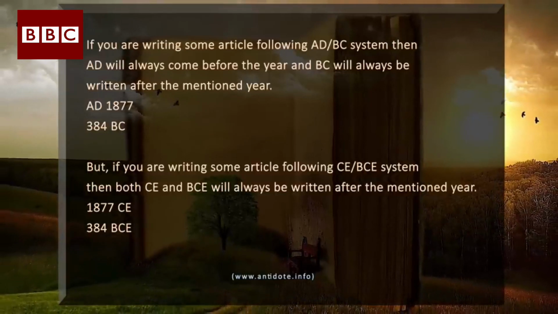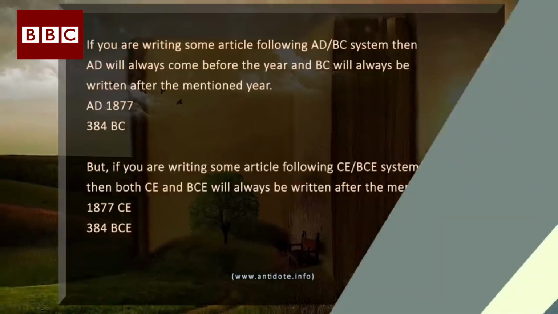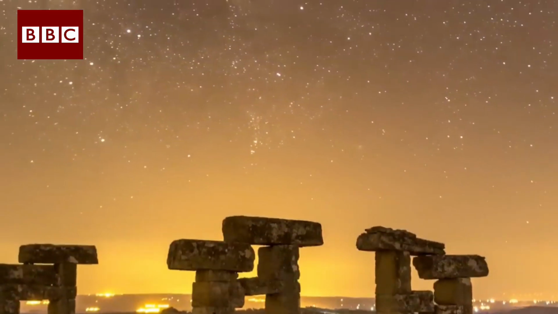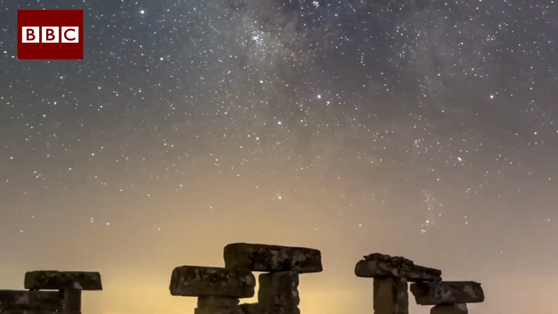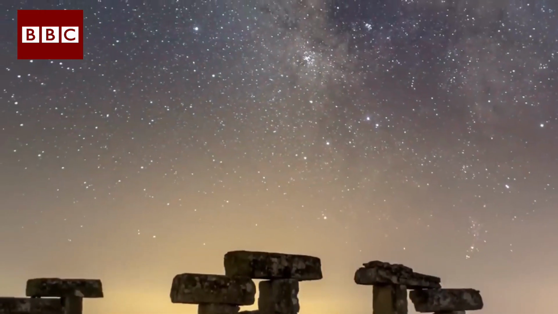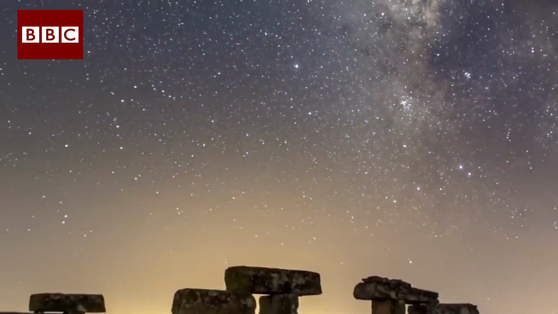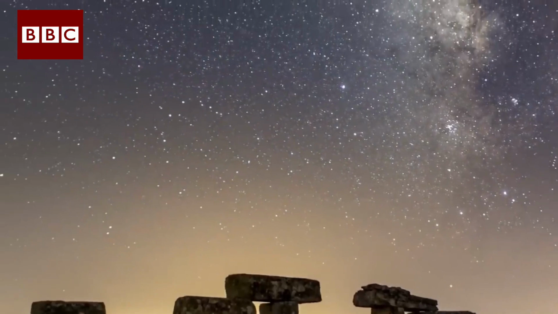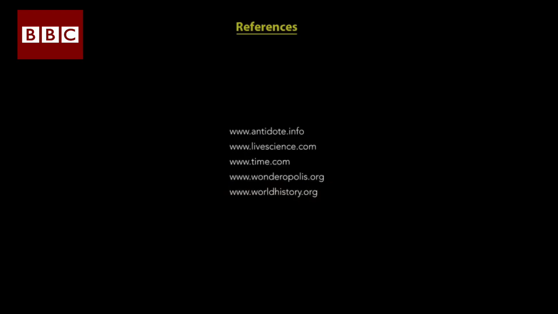For example, the famous Greek philosopher Aristotle was born in 384 BC. Similarly, in the CE and BCE system, both CE and BCE will be written after the specified year of any event. If we look at the previous examples, Allama Iqbal was born in 1877 CE and Aristotle was born in 384 BCE.